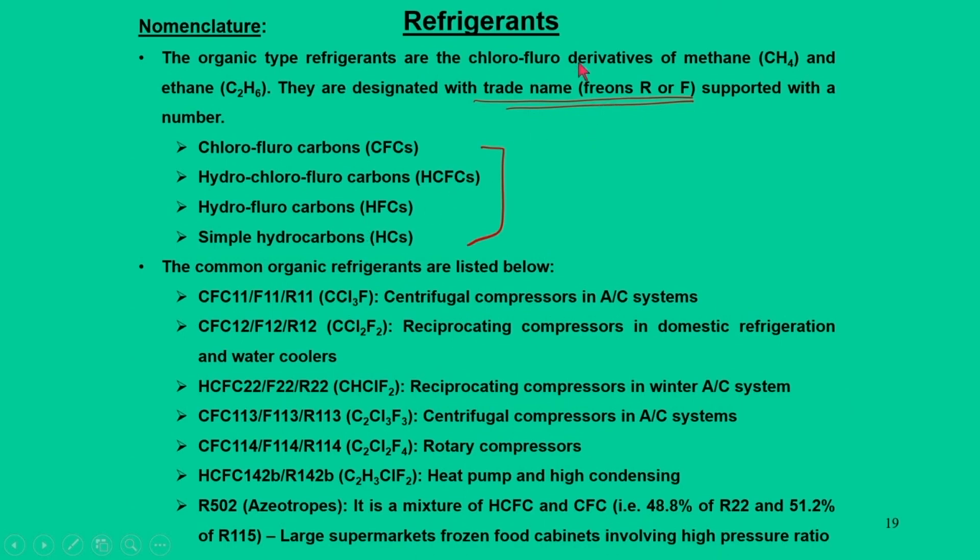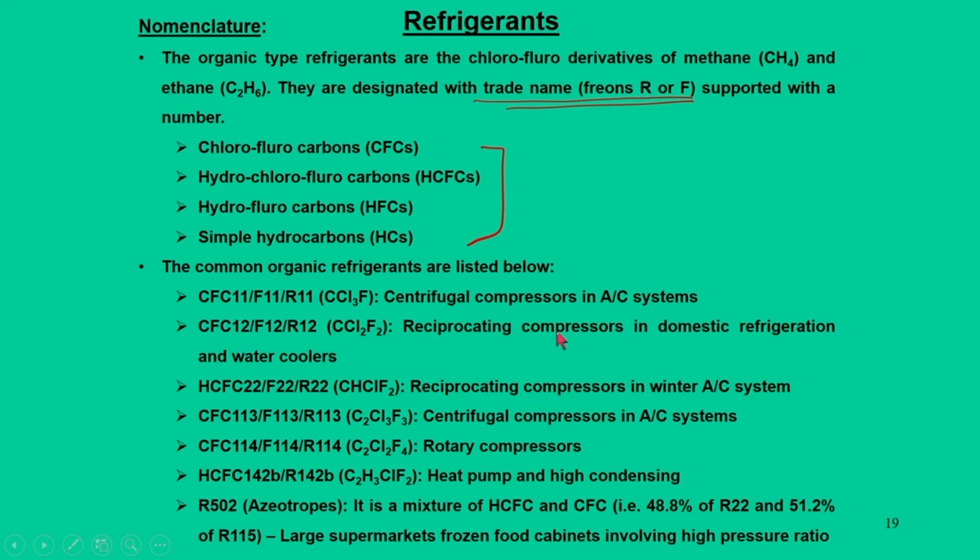And with respect to trade name, they are most commonly known, because the compressor units get specified by their trade name. For example, if you want a centrifugal compressor in AC systems, R 11 or F 11 is a common choice, although R 113 can also be a common choice for centrifugal compressors.